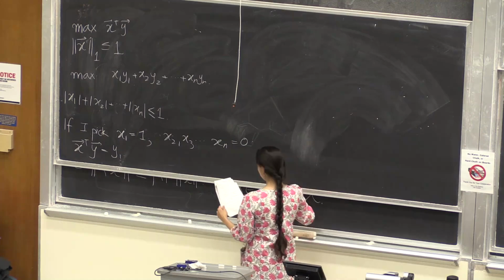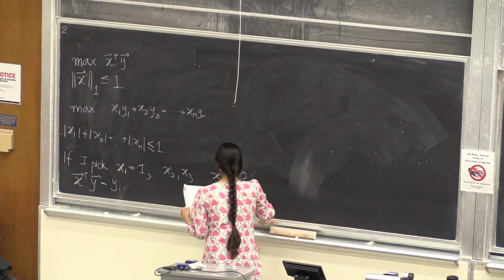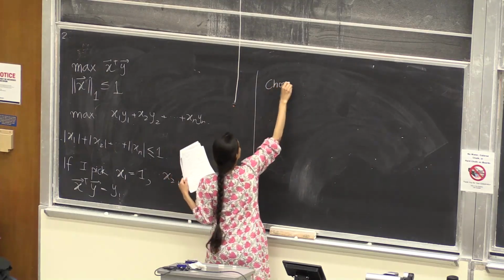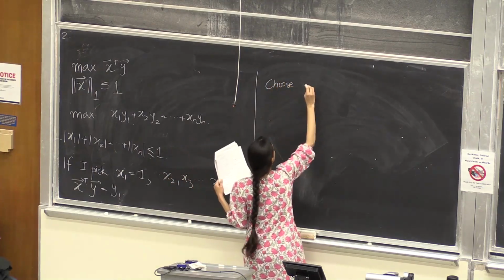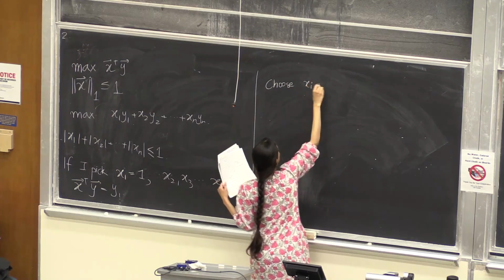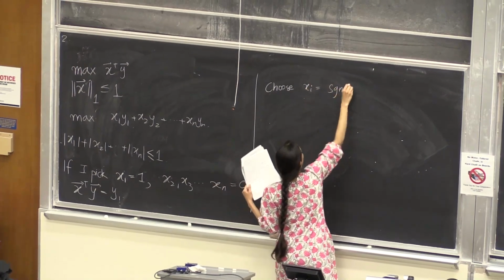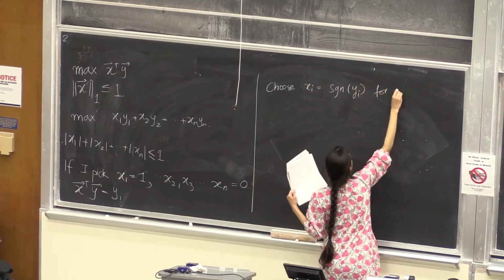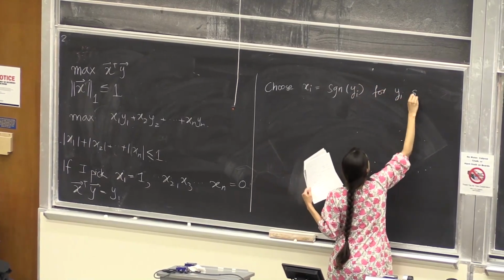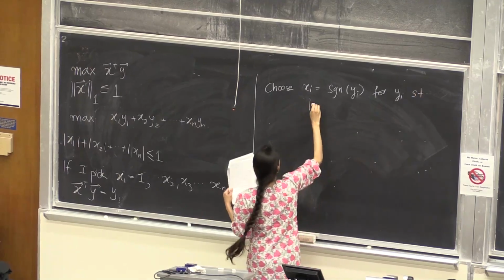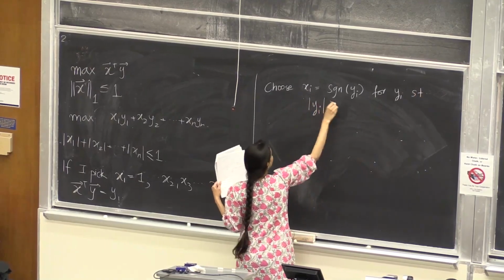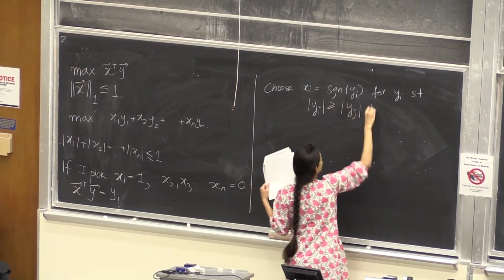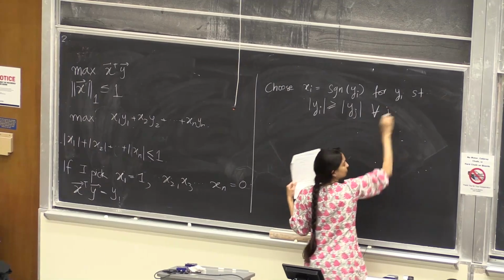So I'm going to say, choose xi equal to sign of yi for yi such that the absolute value of yi is greater than or equal to the absolute value of yj for every j.